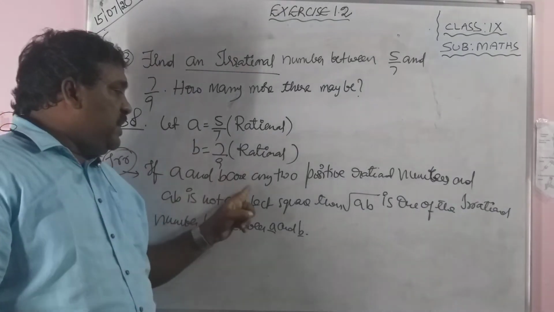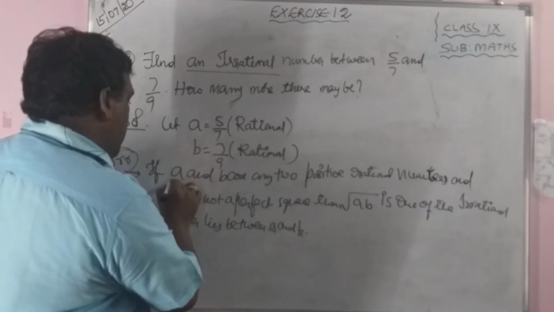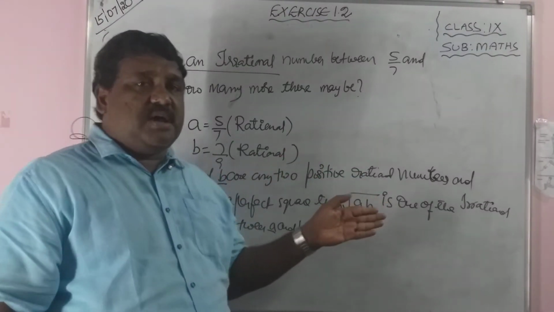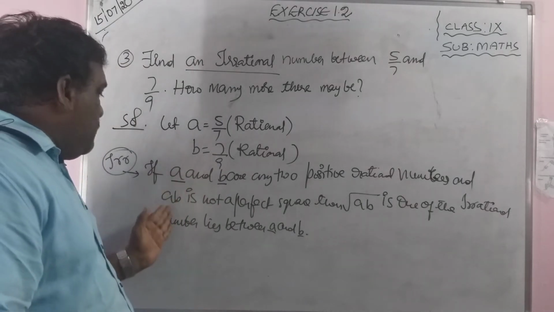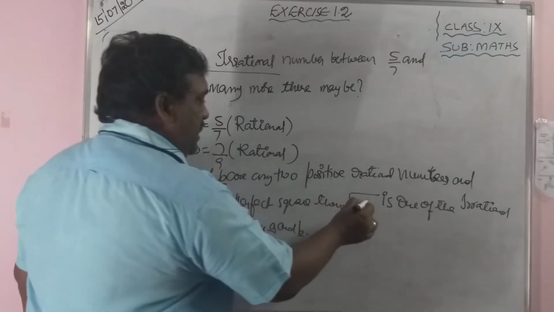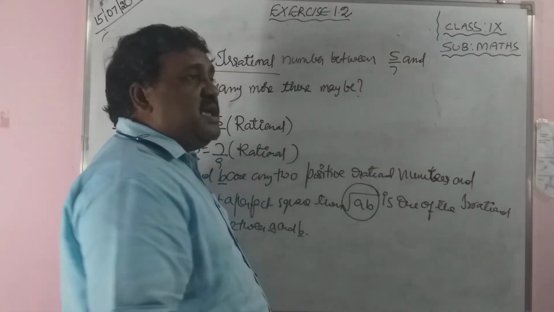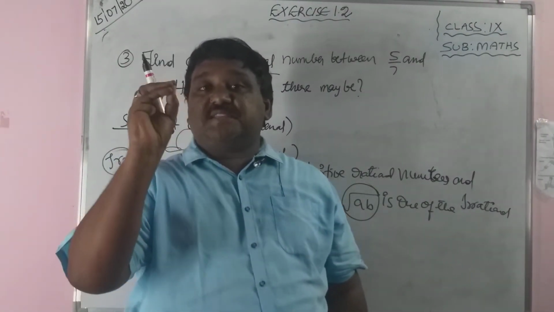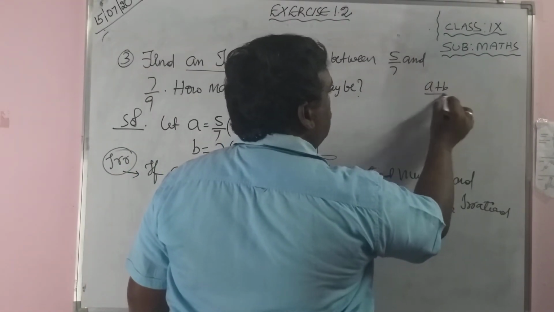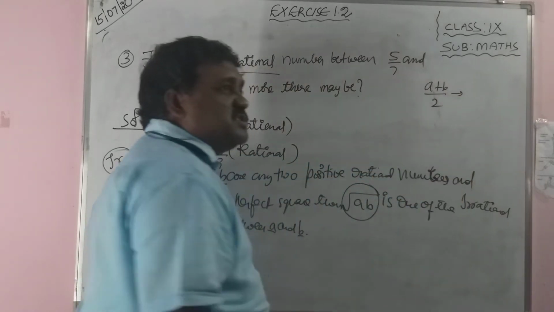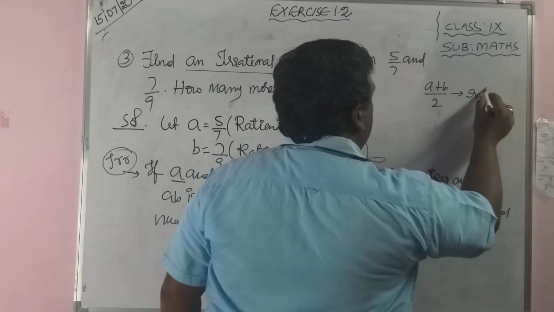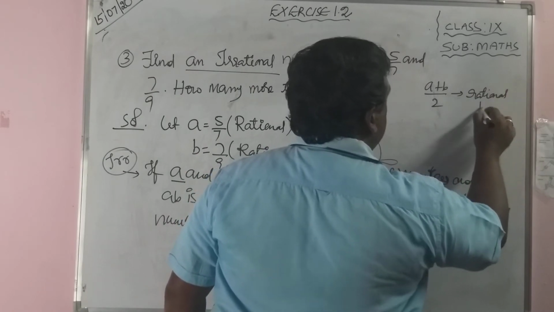If a and b are any two positive rational numbers and ab is not a perfect square, then root ab is an irrational number. I told you already, a plus b by 2 is a rational number, by the mean method.